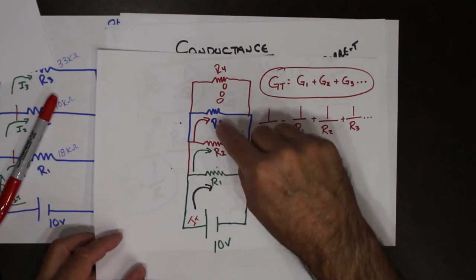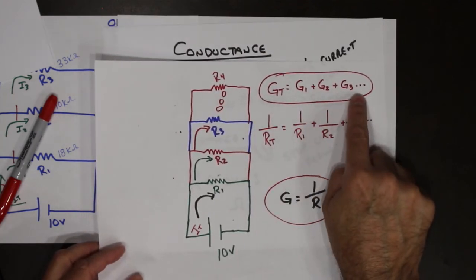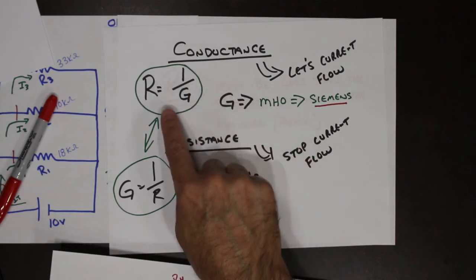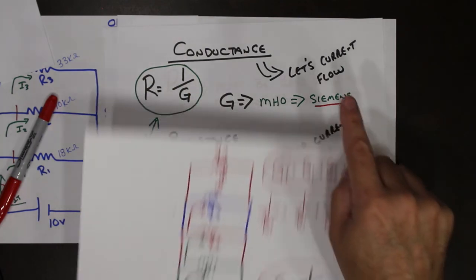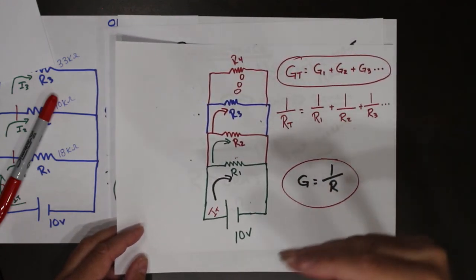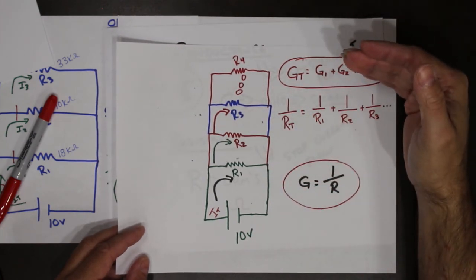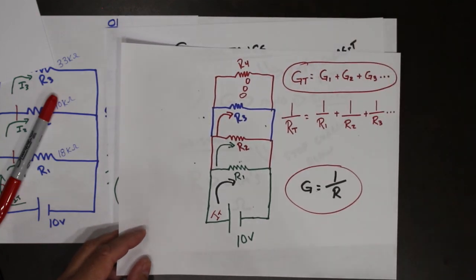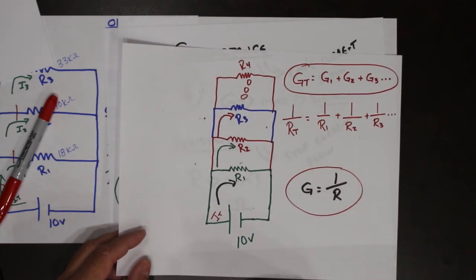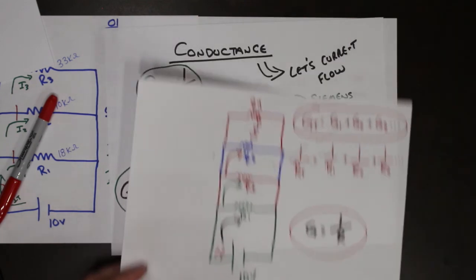Since conductance is the complete opposite of resistance, and since the conductance increases, the circuit has the ability to conduct more. The resistance must fall, so the total resistance must go down. If conductance goes up, resistance must go down.